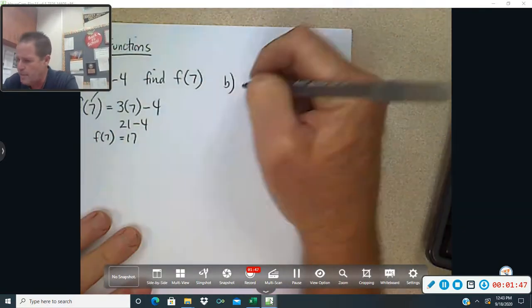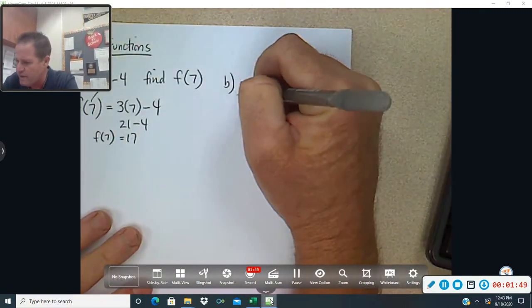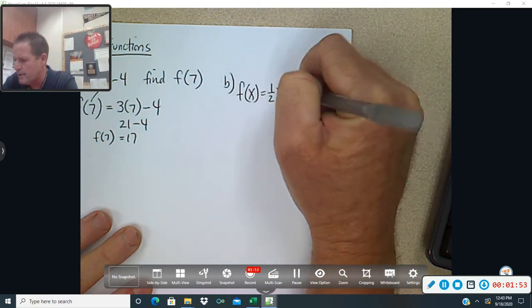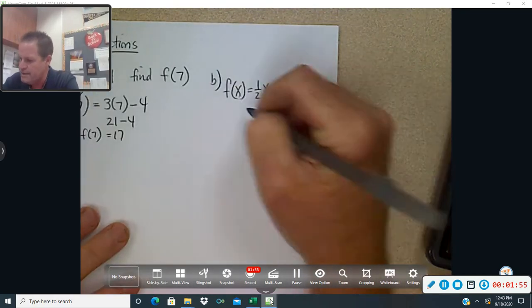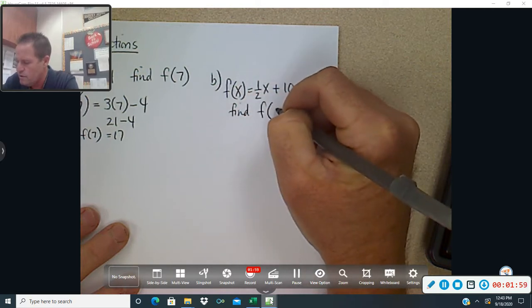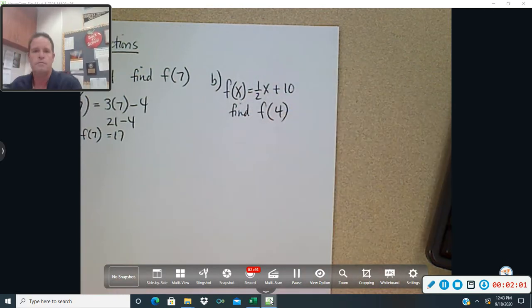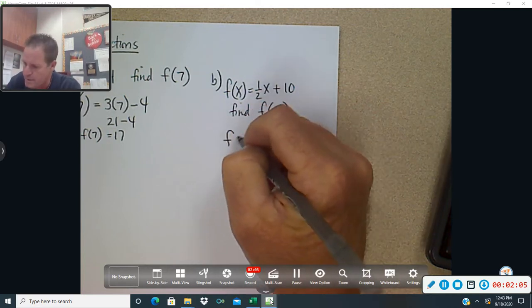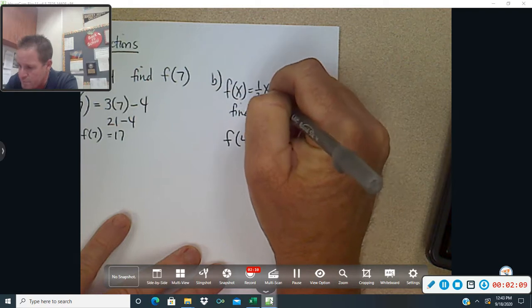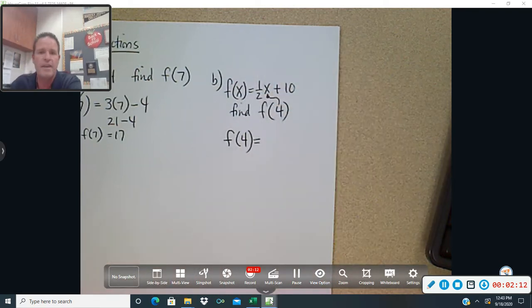Okay, letter B. So let's say I tell you that f of x equals 1/2 x plus 10, and I say find f of 4. Okay, so what I'm going to do to find f of 4 is I'm going to say f of 4 equals, and then all I'm doing is putting in the 4 for the x.